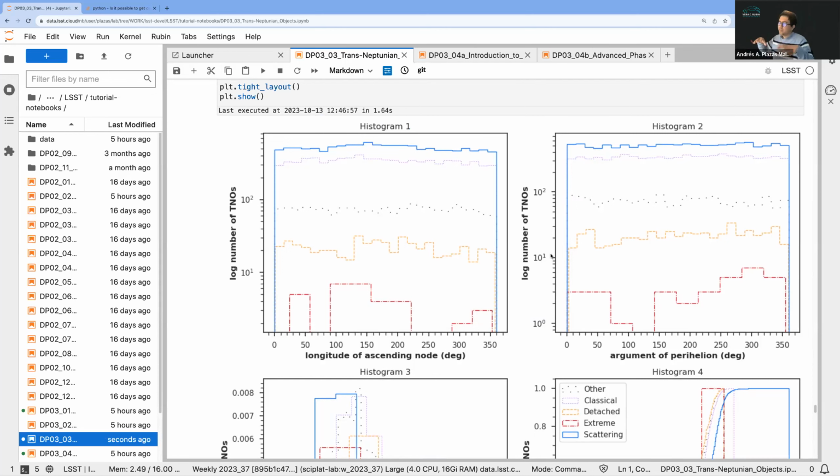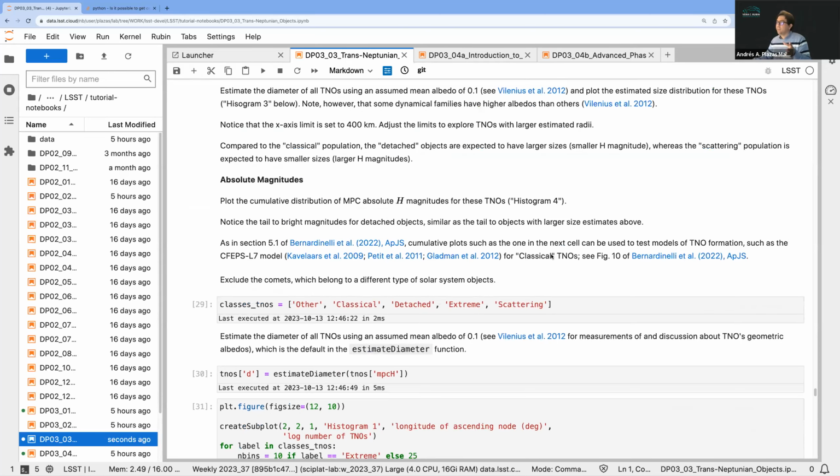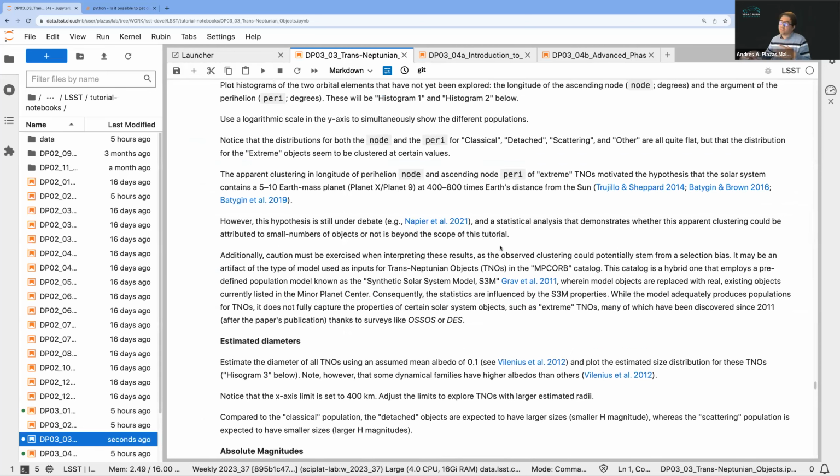But why do we take that with a grain of salt right now? Because we don't have a lot of numbers. And also, there's a caveat: it might be a limitation of the model that is used. If you look at the previous delegate assembly, we had Pedro Bernardinelli and Jake, some of the people that helped create this DP0.3 simulation, which is a hybrid simulation based on a model called the Pan-STARRS synthetic solar system model.